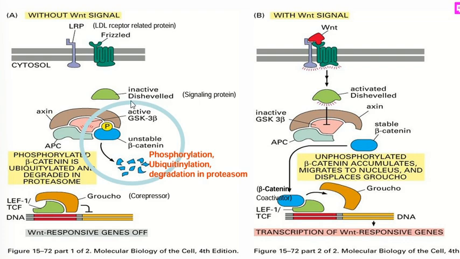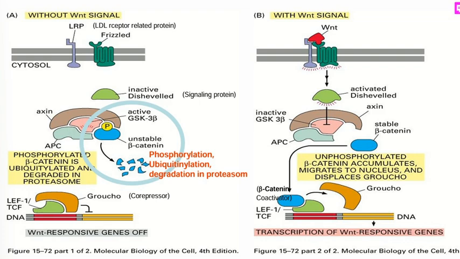As Disheveled protein is inactive, the destruction complex remains active. This destruction complex is formed with three proteins: one is axin, another is APC, and the last one is GSK3 beta. Axin is a scaffold protein which holds APC, GSK3 beta, and beta-catenin.